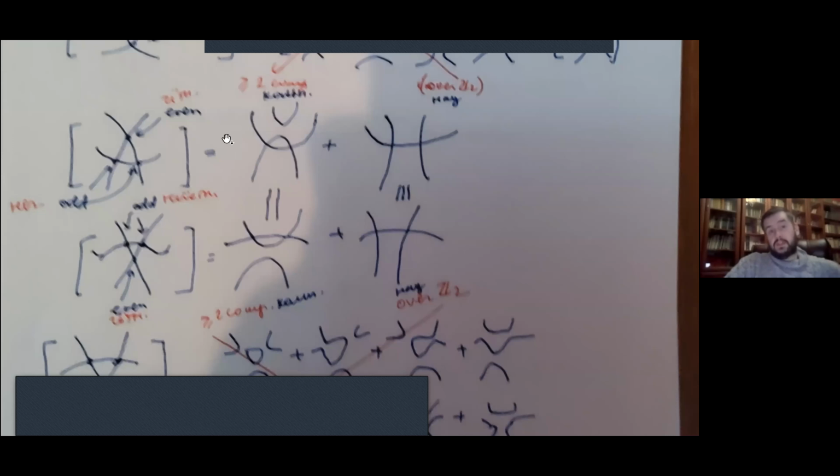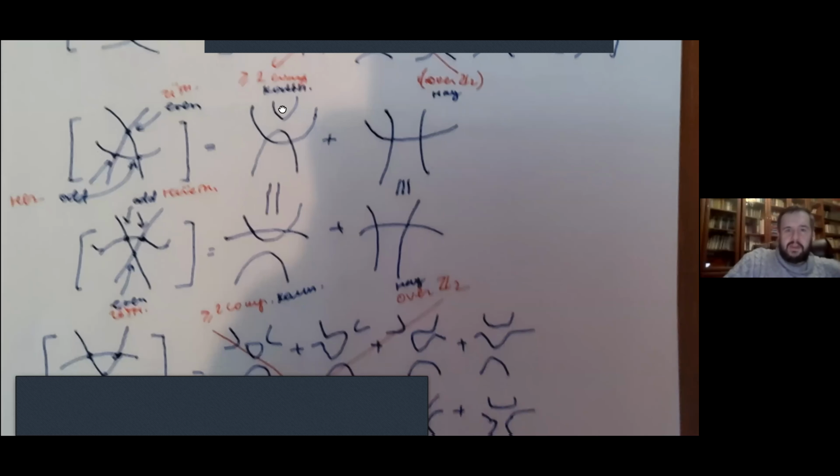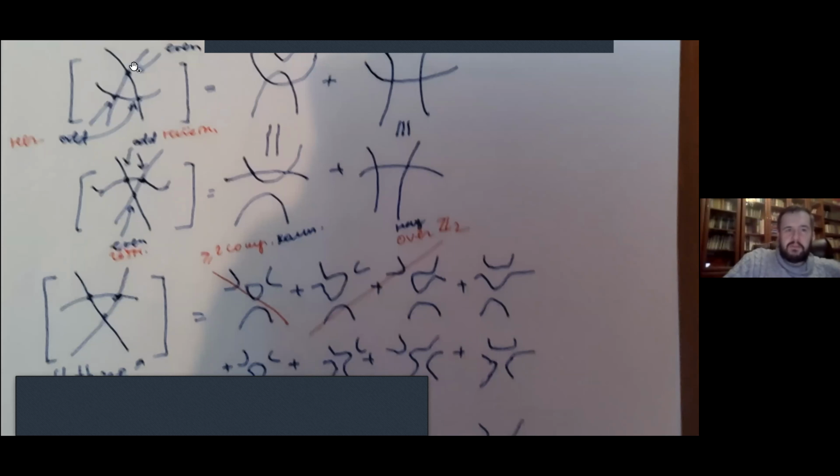And here, this picture possibly should have been drawn better. Наверное, эту картинку надо было нарисовать получше, because this arc is too much upside, but I think you see that it should be more or less horizontal. Так что можно поправить эту картину. Так что вот давайте посмотрим вот эти диаграммы, которые получаются при разведении четного перекрестка.